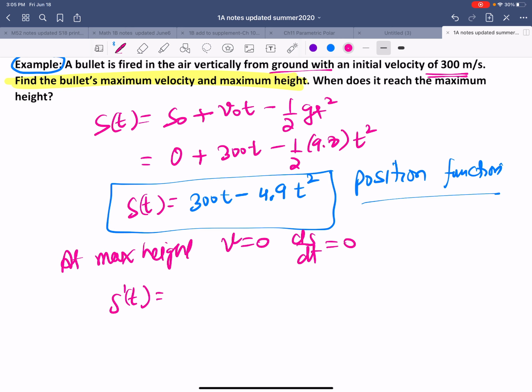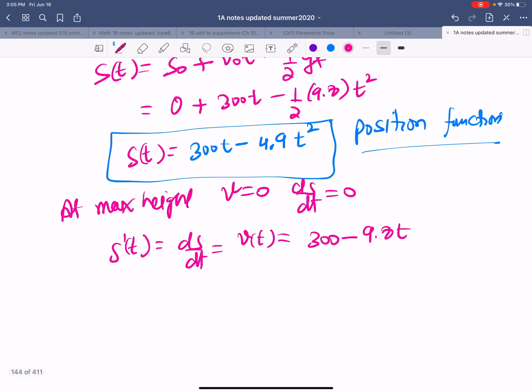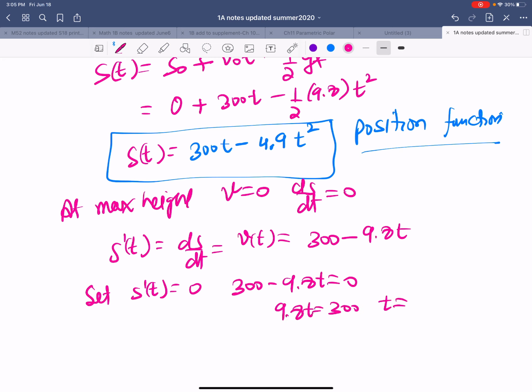S prime of t, which is ds/dt, the velocity at time t, is going to be 300 minus 4.9 times 2, which is 9.8t. Now we're going to set it equal to 0. That gives me 300 minus 9.8t equals 0. 9.8t is 300. t comes out to be 300 divided by 9.8, and that is 30.6 seconds.